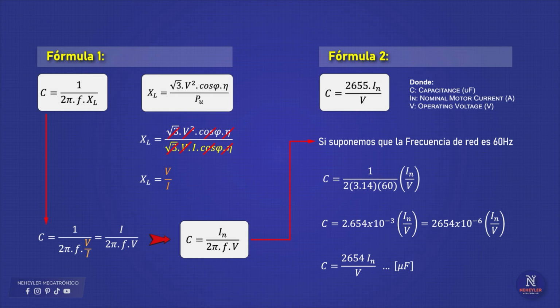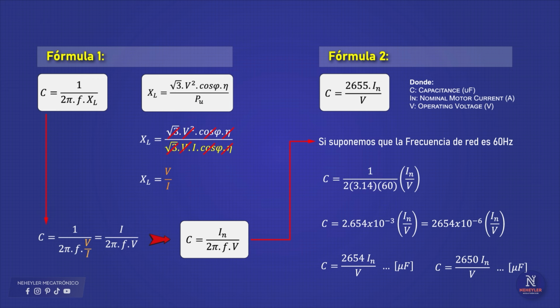This result is very similar to Formula 2, so we already know where the number 2655 comes from. In some manuals we can also find the number 2650, which in the end is almost the same because the result only varies in the decimals.